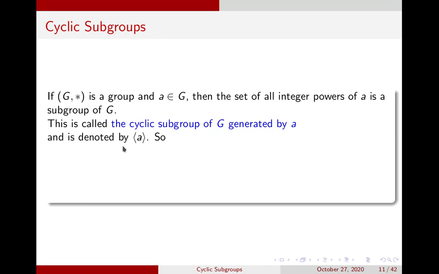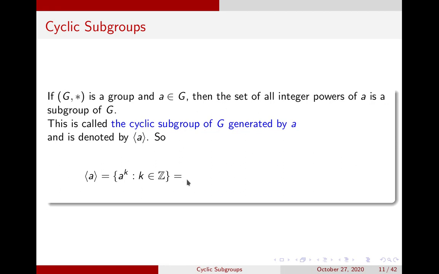The shorthand notation uses these angle brackets: the cyclic subgroup of G generated by a is left angle bracket a, right angle bracket. In more symbolic form, we could write the cyclic subgroup generated by a using set notation as the set of a to the k, where k ranges through the integers. This is another way of saying that the cyclic subgroup generated by a is the set of all integer powers of a.